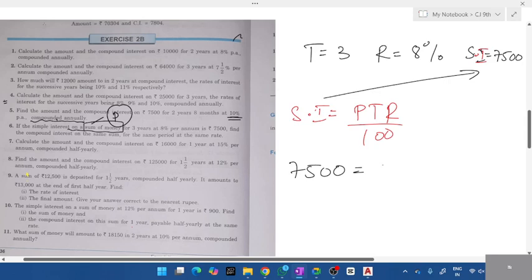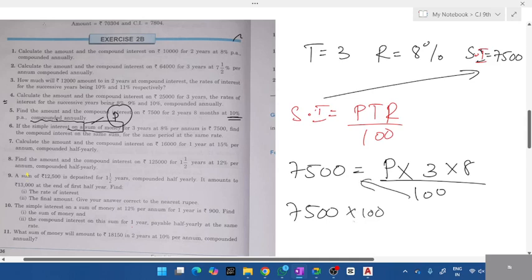No, keep it as it is. What is time given? Time is 3 years. Take it directly because this is a simple interest calculation. Rate is 8. If you want to calculate P, 100 gets multiplied and you divide by what? Divide by 3 8s, it comes down.